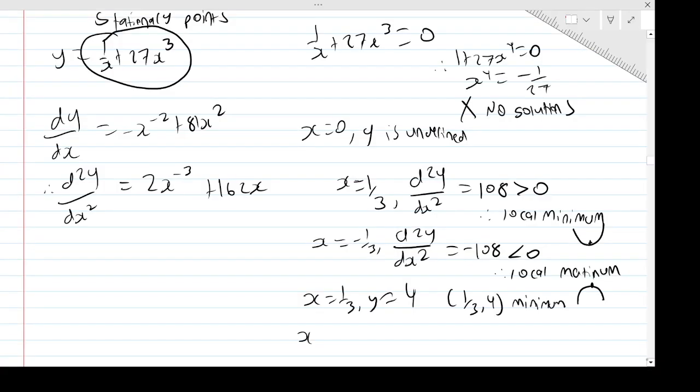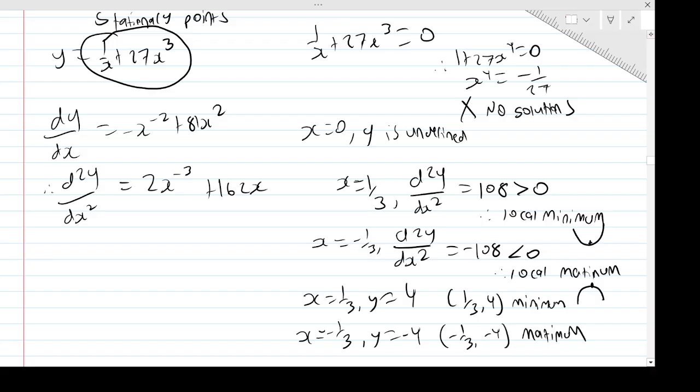And then if x is negative a third, then y would be, if I plug that into my equation, I get negative 4, okay? So therefore, minus a third, minus 4 would be a maximum. Okay, and there we are.